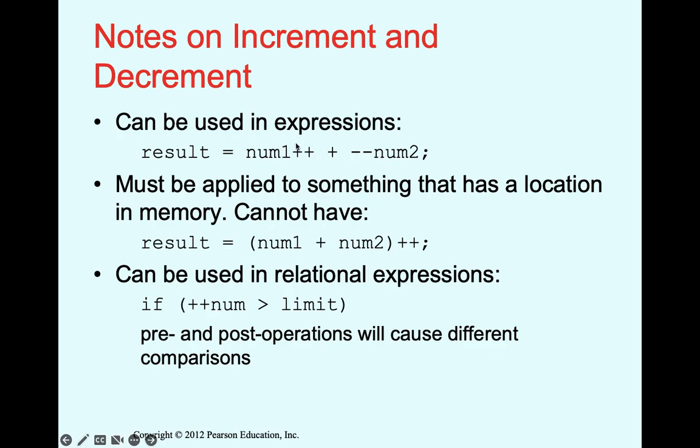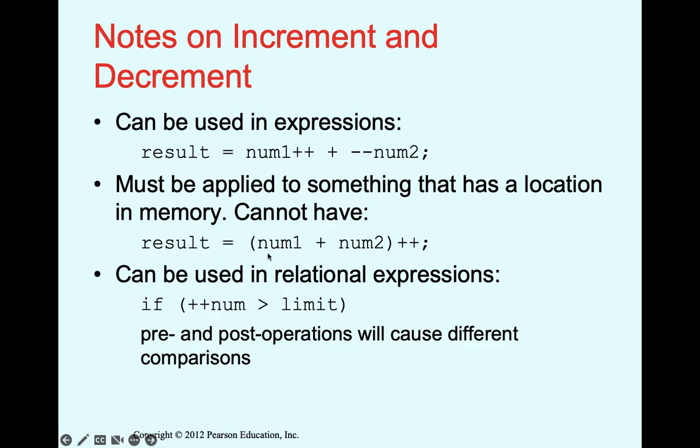This means we use the old value of num1, we add it to the value of num2 after we decrement it, and we store the sum in result. But after we finish with this, we add 1 to num1 because there is plus plus after num1.